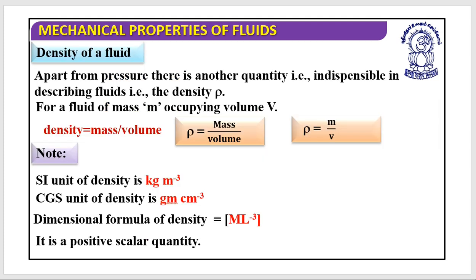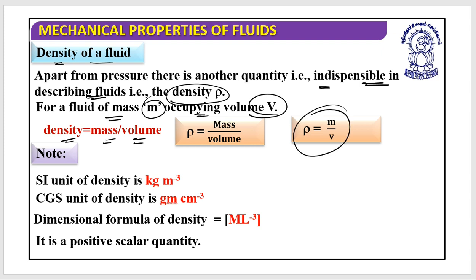Now let's look at the density of a fluid, which is indispensable in describing fluids. Density is denoted by rho. Let's say a fluid has a mass m and occupies a volume v. Density is the ratio of mass to volume, so density equals mass divided by volume.